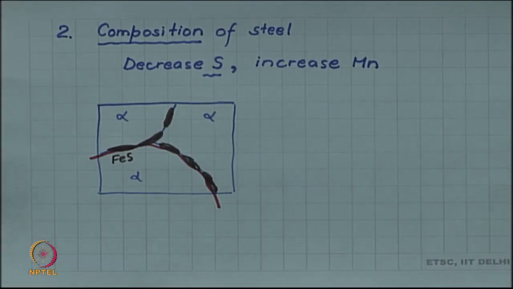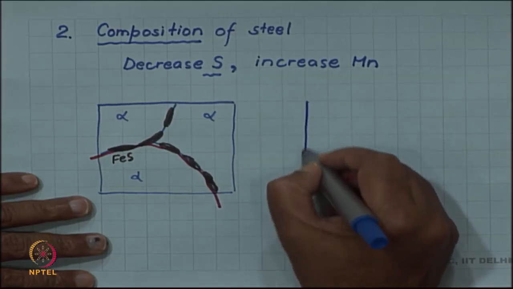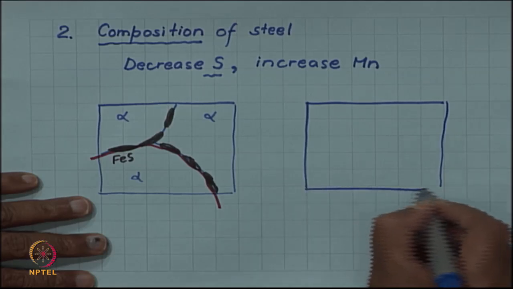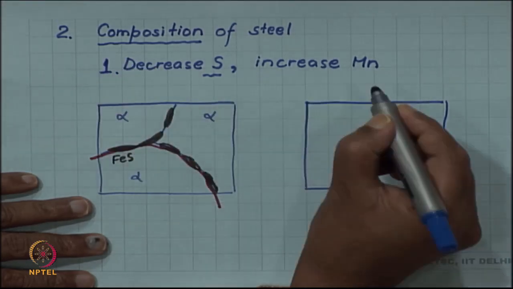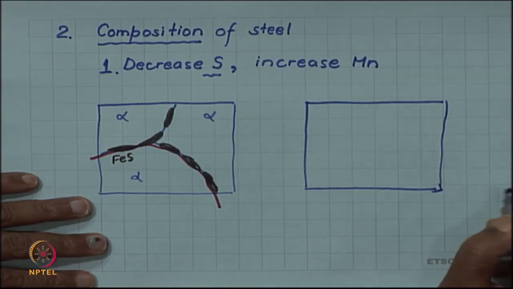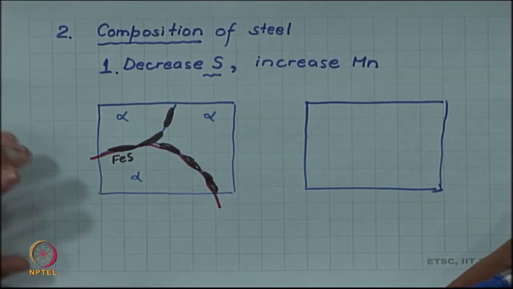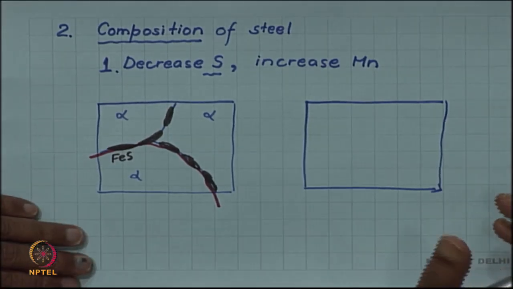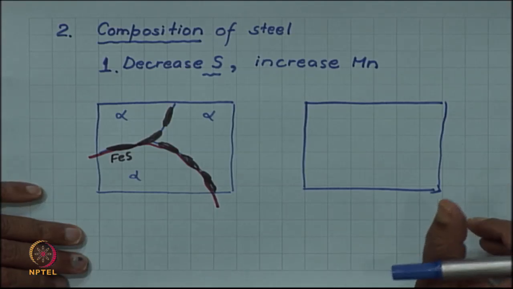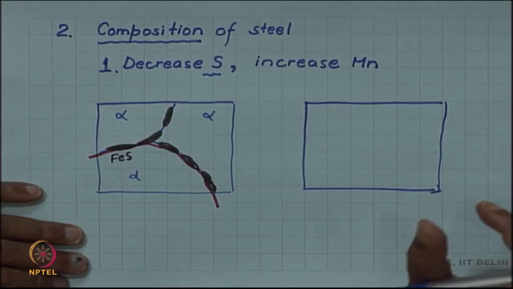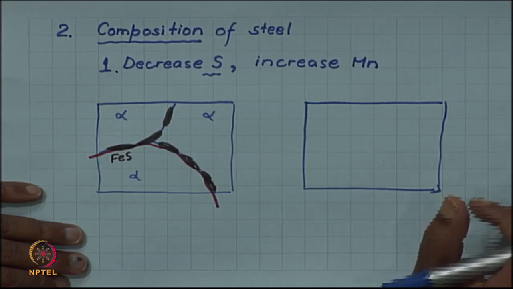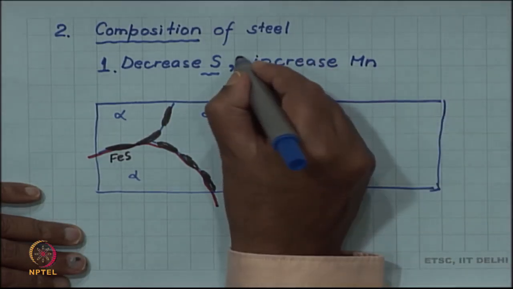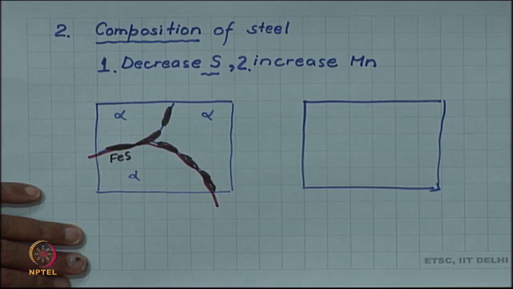The way to avoid this in steel is to first use low sulfur. Modern steels have much less sulfur than, say, the sulfur content of the steel of the Titanic. One of the reasons people are considering for the failure of the Titanic was the very high sulfur content of the steel of which it was made. Another factor is to add manganese to the steel.